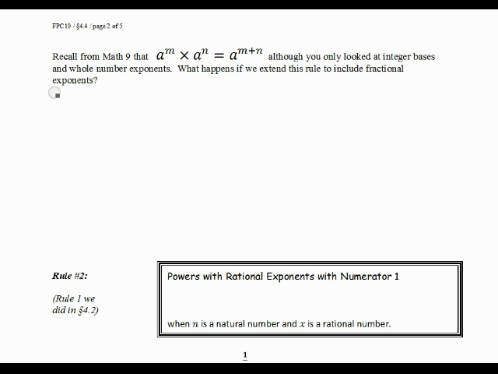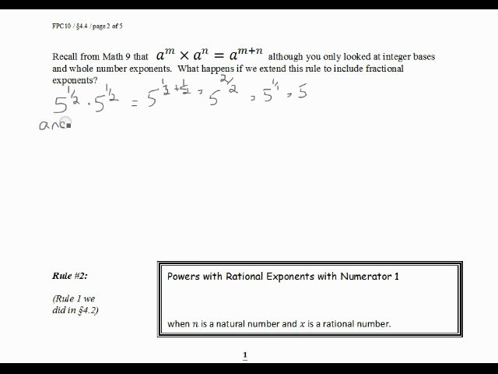So we're going to write this up with 5 to the 1/2 times 5 to the 1/2. According to this rule we have here, that equals 5 to the 1/2 plus 1/2, which equals 5 to the 2 over 2, which is 5 to the 1 over 1, which is just 5.